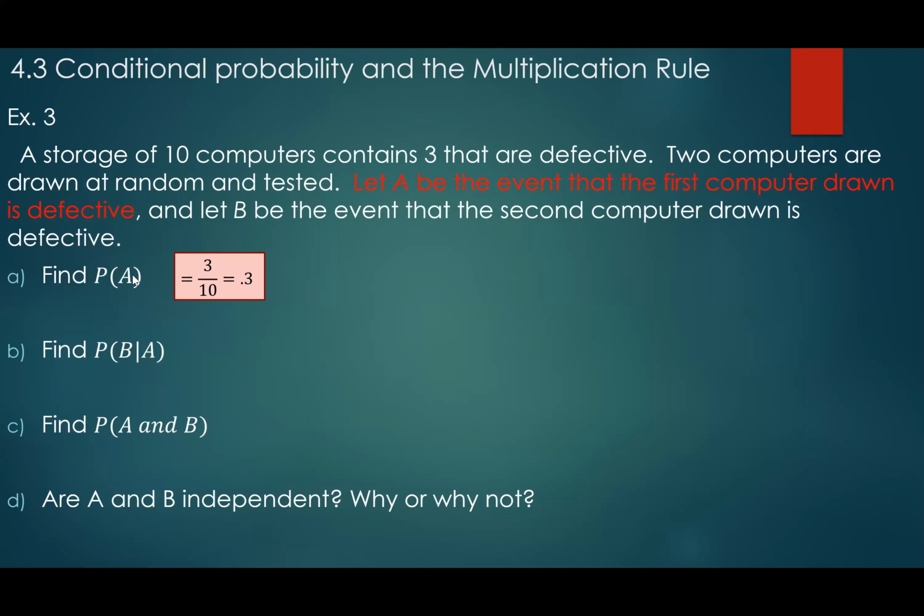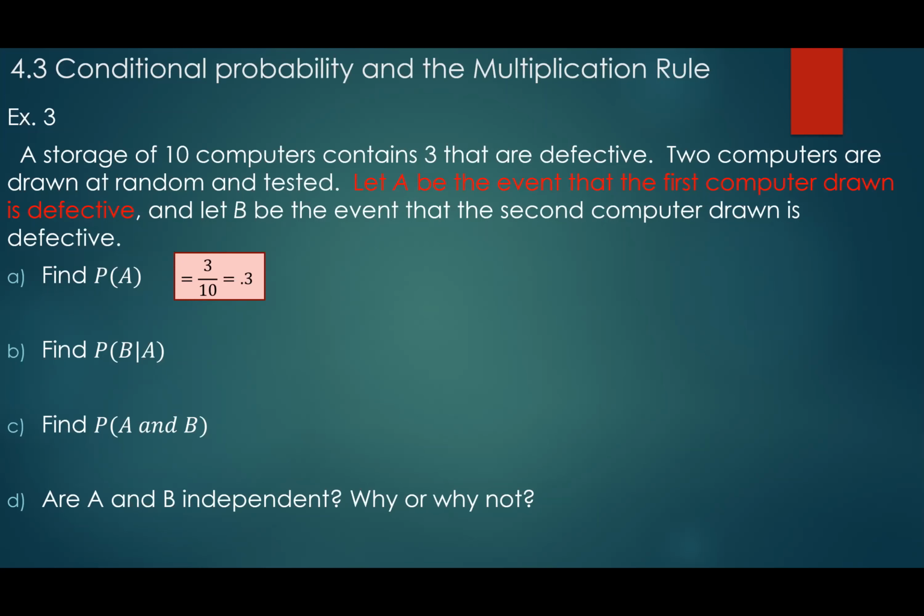If you go in the first time and select one computer, the probability of A is how many computers are defective, which is 3 out of 10. So if I go into my storage, pick out one computer and test it, the probability that the computer is broken is 3 over 10. The chance of me getting a broken computer is 30%, or 0.3.